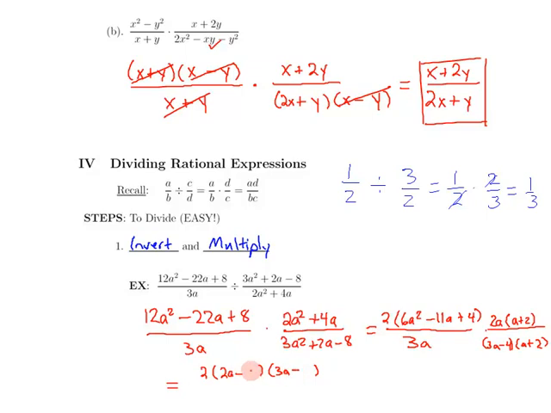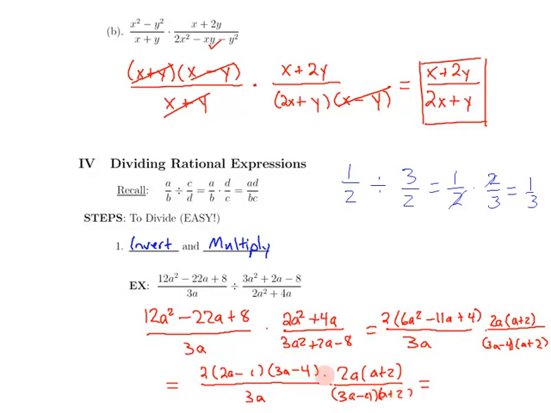Let's try 4 and 1. 1 and 4, I believe, works. Minus 8 minus 3 gives me minus 11, so that double checks. Fantastic. 3a times 2a times a plus 2 all over 3a minus 4 times a plus 2.